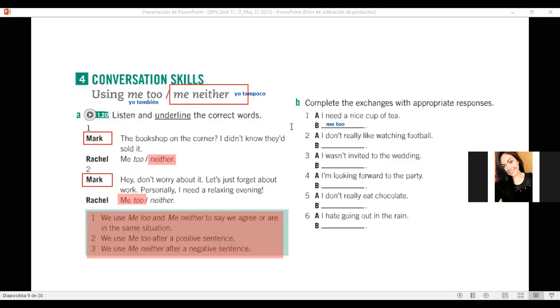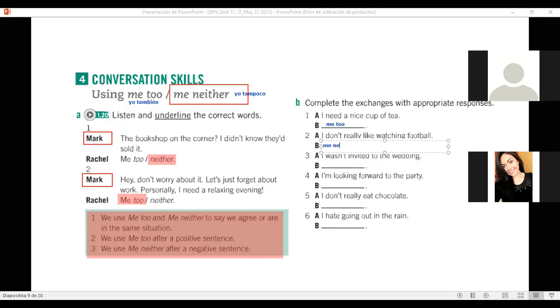Yo también, ¿cierto? Me too. Number 2. Can you help me, Steffi, please? I don't really like watching football. Me neither. Exactly, me neither.